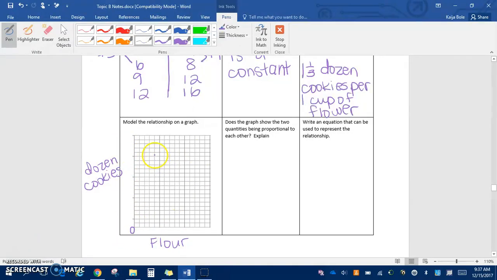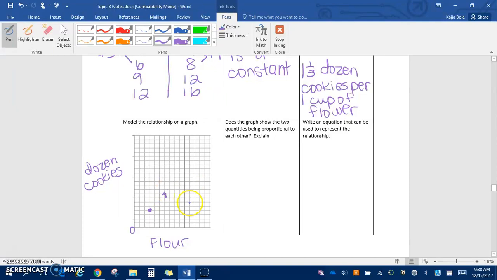So if we're going to plot our points, our first point would be at 3, so 1, 2, 3, and then up to 4, 1, 2, 3, so right here, thicker pen. And then our next point would be at 6, so 3, 4, 5, 6, then up to 8, 5, 6, 7, there's 8.